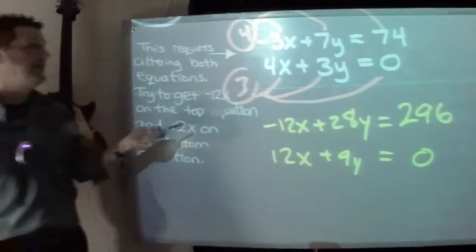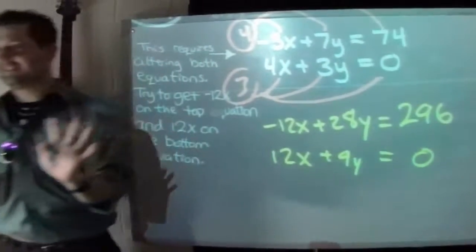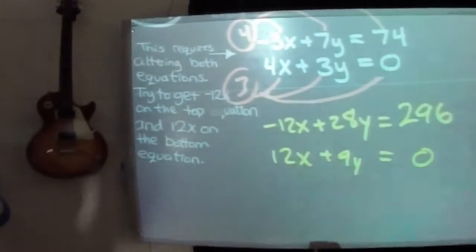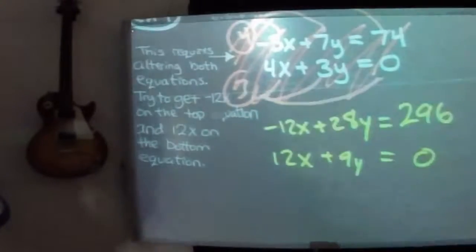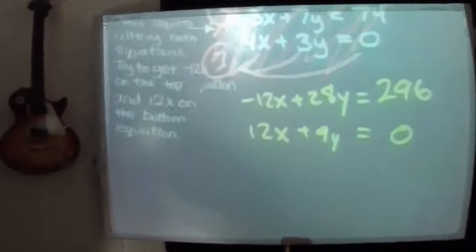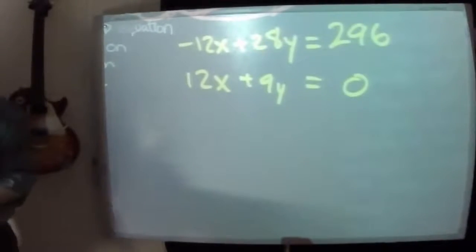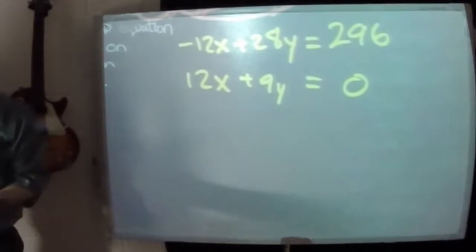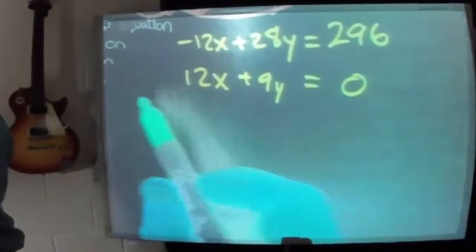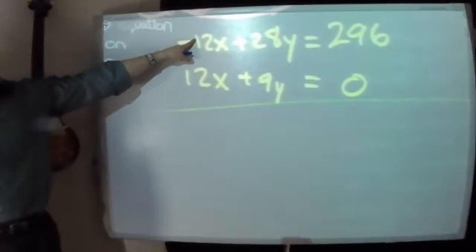I've seen people put 3. 3 times 0 is not 3. Be real careful.